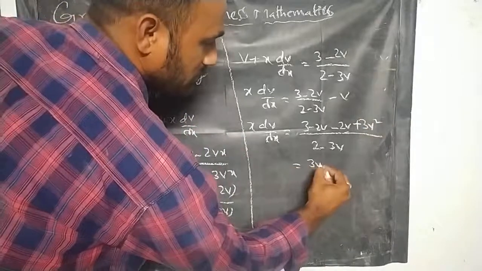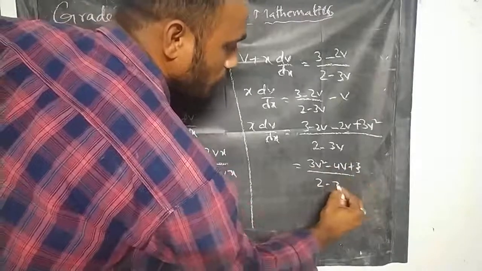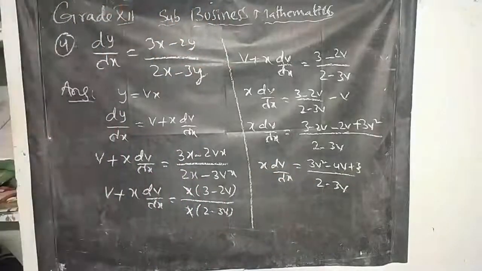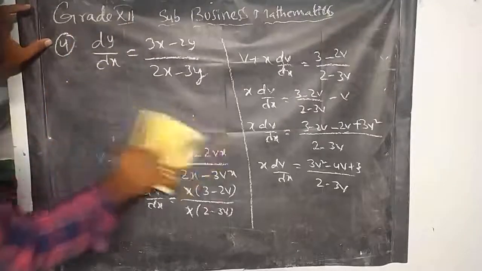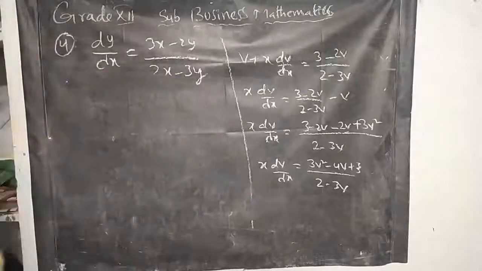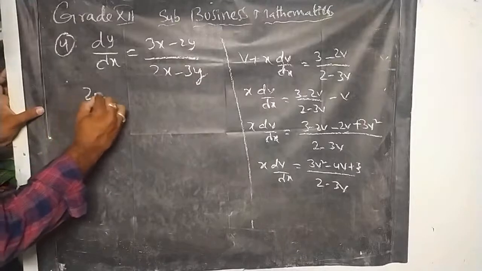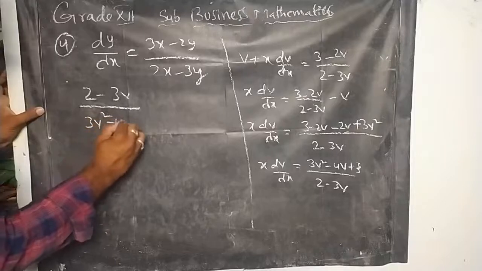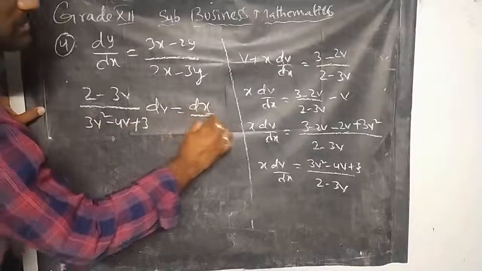So that can be written as 3v square minus 4v plus 3 divided by 2 minus 3v. So if I transpose to this side, it will be interchanged. That is 2 minus 3v by 3v square minus 4v plus 3 dv is equals to dx by x.